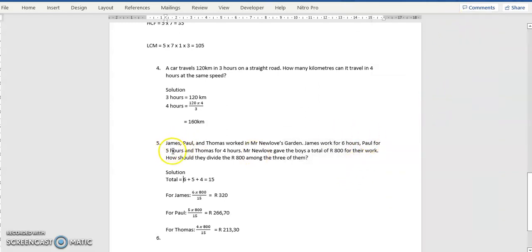Paul used 5 hours to work. So we are going to say 5 times the total money that was given, which is 800, divided by total ratio, which is 15. And this one, what does it give you?